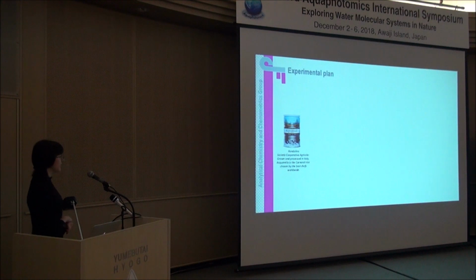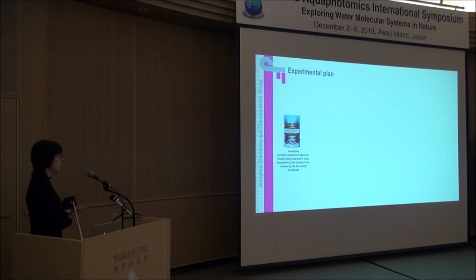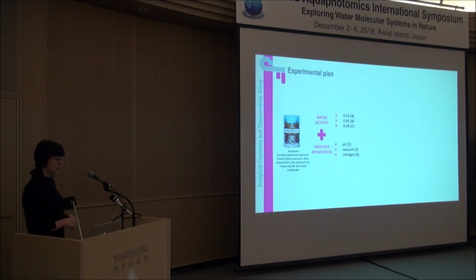Okay, so going into the experimental plan, this is the company that collaborates with us in this project, one of the most important industries that produce rice in Europe, because they are able to store rice for up to 20 years. So we have aged rice that is produced by this Italian company. So we decided to start from their rice germ.